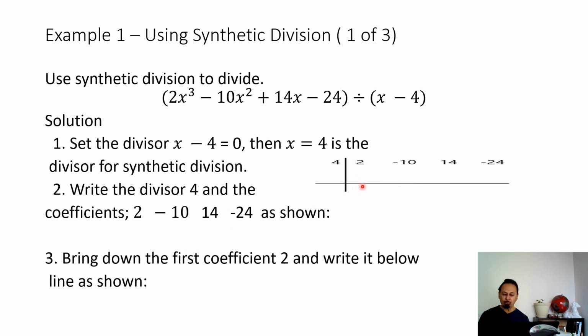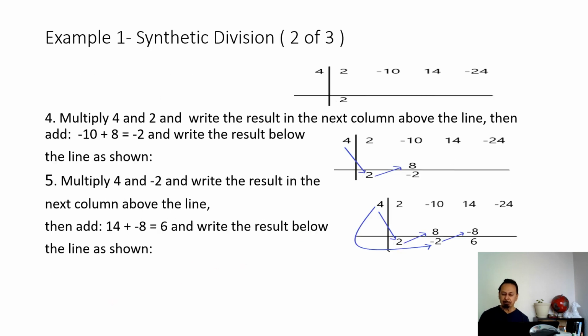Now we bring down 2, the first coefficient, and write it below the line. Now we multiply 4 times 2 and it becomes 8, and you put it under the second column. Now you add negative 10 and 8, so it becomes negative 2.